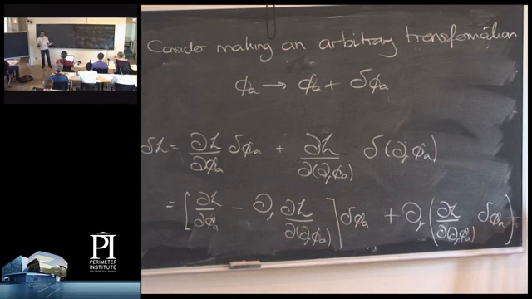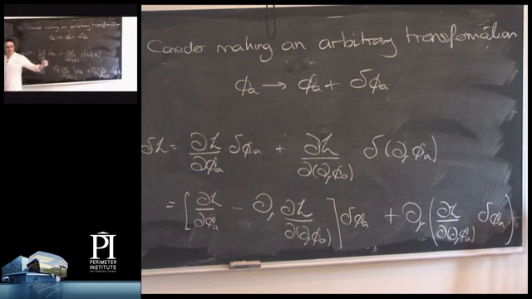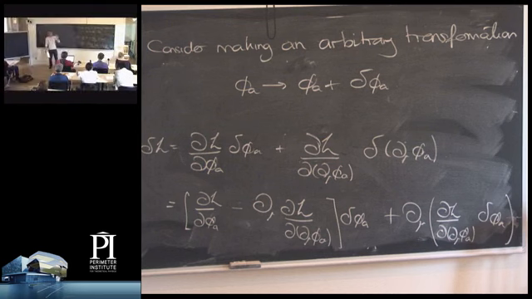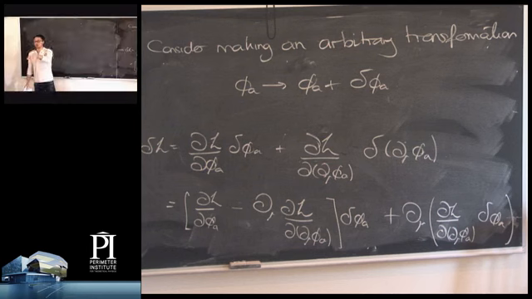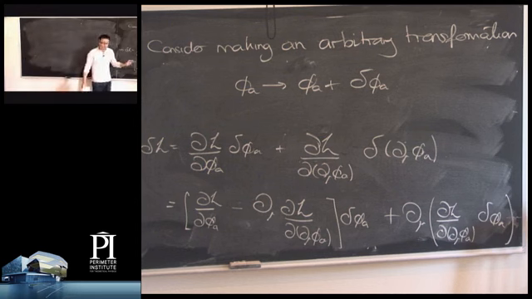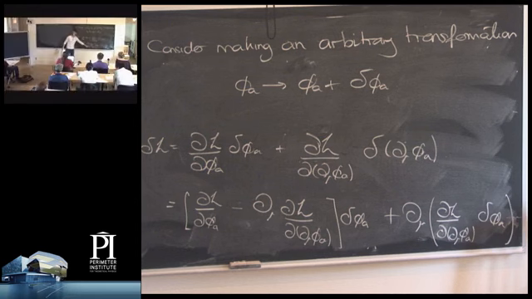Here we're doing something different, though. We're not going to insist that this term vanishes. We haven't imposed any requirement that at endpoints the symmetry shouldn't act. The symmetry is acting on the field configuration everywhere. Instead, we're going to reverse the logic. Remember, Noether's theorem said that when the equations of motion hold, then there's a conserved current. So we assume the equations of motion hold, which means we lose this term immediately.